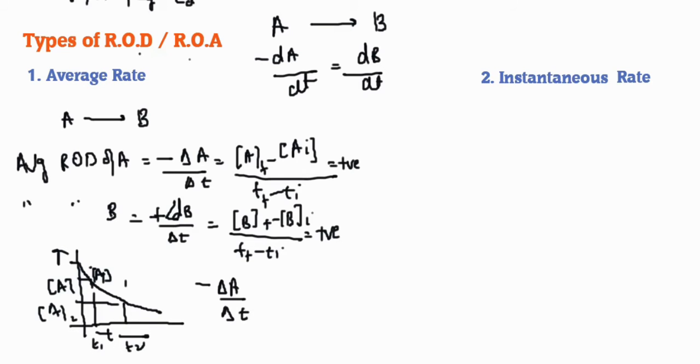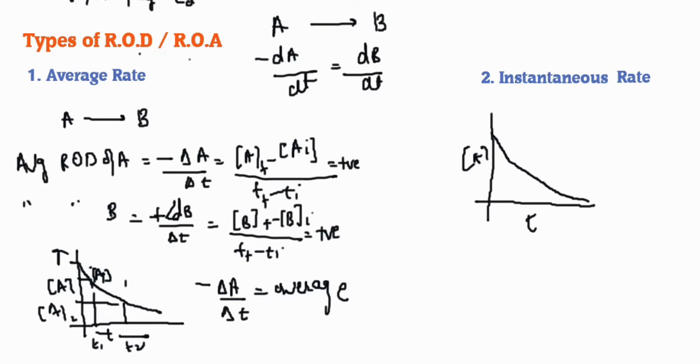Now if we talk about instantaneous rate of the reaction, so if we draw a curve, concentration of A versus time, it's going same like this. Now as we know, as A2 approaches A1, it becomes a point and we draw a slope over it. So when we are drawing a slope, the rate is minus dA by dt.